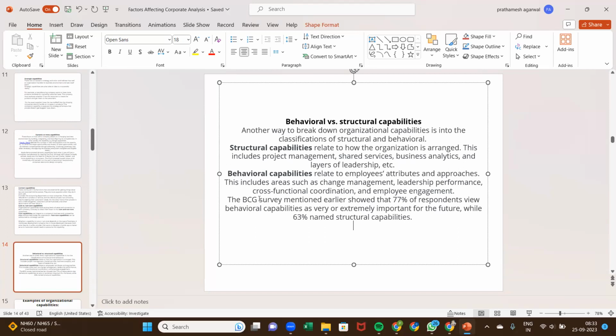No, he does not, because he is not aligning himself, or she is not aligning herself, according to the goals of the organization. While 63% named structural capabilities. So a survey was done on which is more important, behavioral or structural capabilities. 77% responded for behavioral capabilities, and 63% responded for structural capabilities.